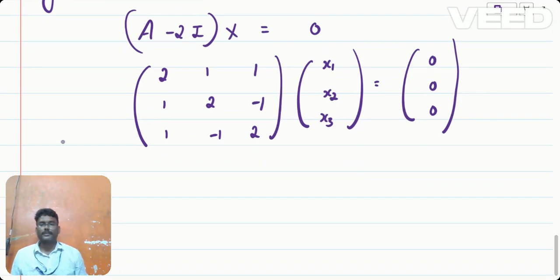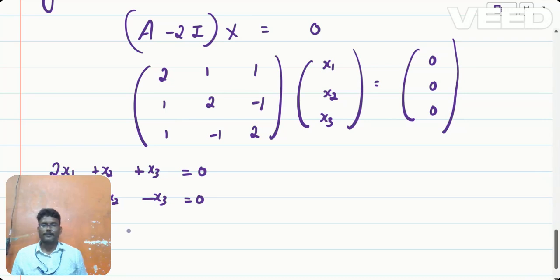So we get the equations 2x1 plus x2 plus x3 is equal to 0, x1 plus 2x2 minus x3 is equal to 0, and x1 minus x2 plus 2x3 is equal to 0.